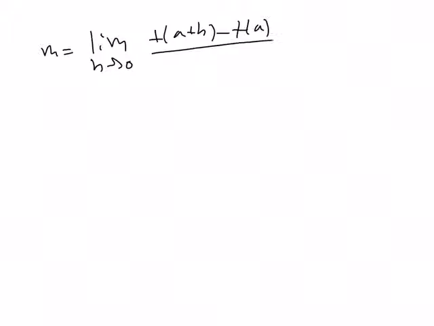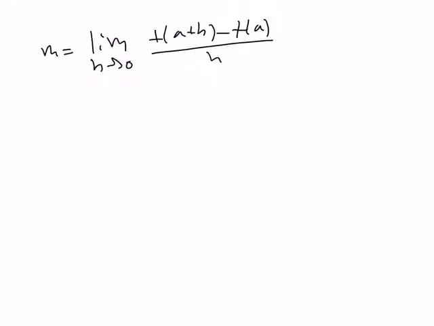So let's go to a new page, and now the slope in equation 2 is defined as the limit as h goes to 0 of f of a plus h minus f of a over h.